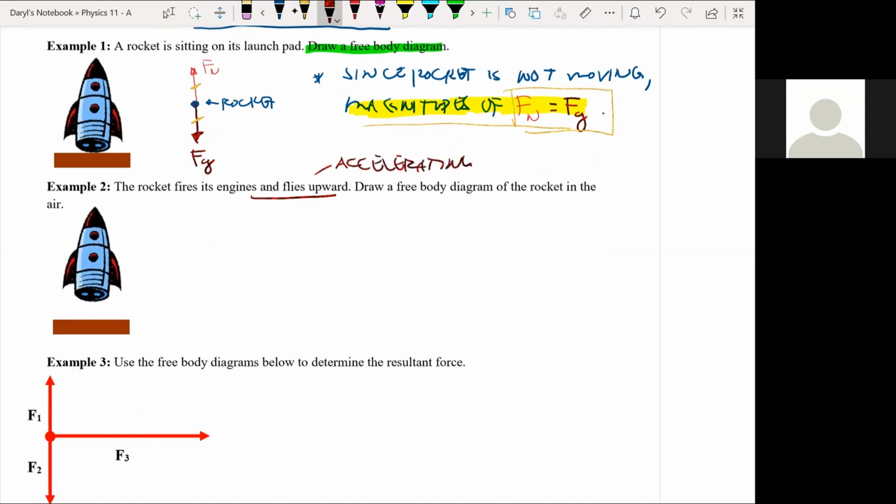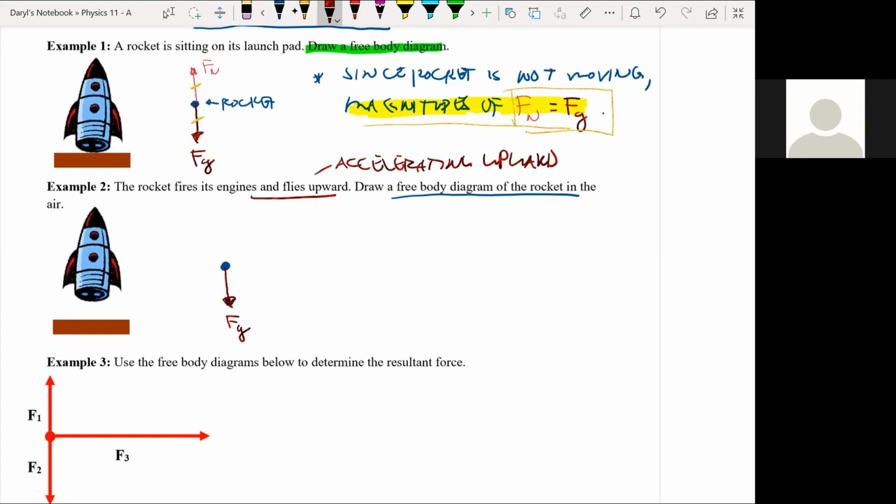If I'm going to draw the free body diagram of the rocket again, I'm going to represent the rocket as just a dot. Even though it's flying now, it's still acted upon by Fg, the force of gravity, or weight.